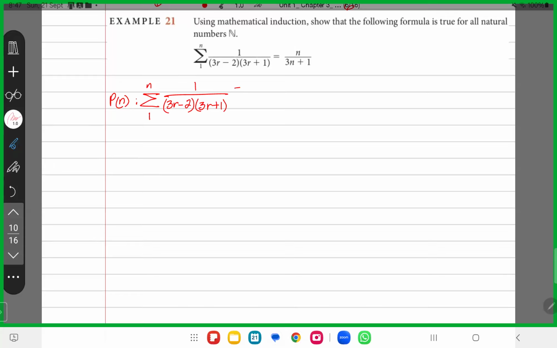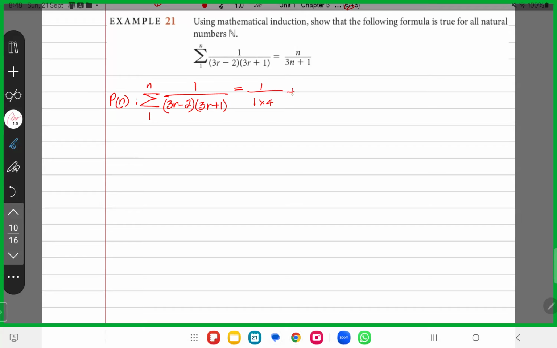So if I expand this series, I'm going to say when r is 1, this becomes 1 over 3 ones are 3 minus 1, you get 1. Multiply by 3 ones are 3 plus 1, you get 4. That's the first term. That's when r is 1.